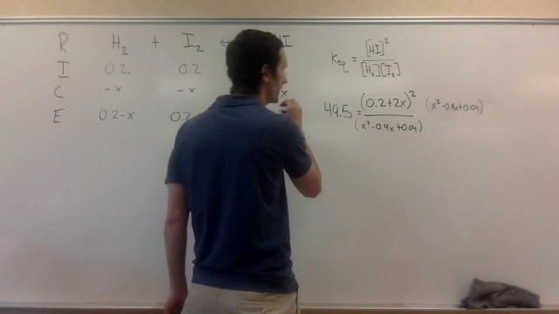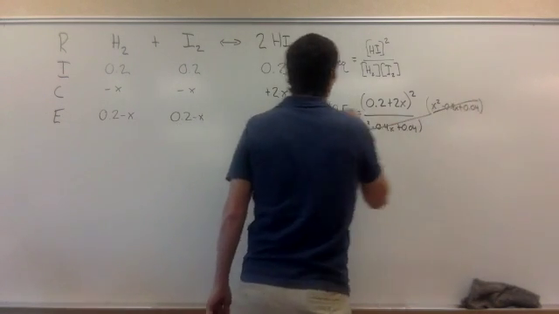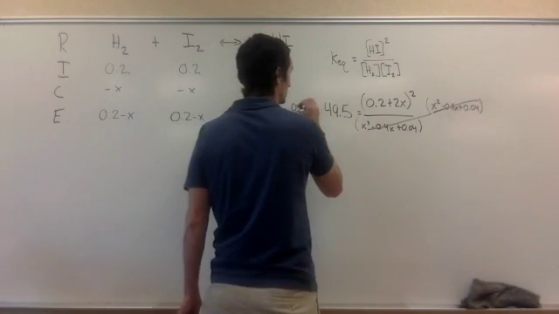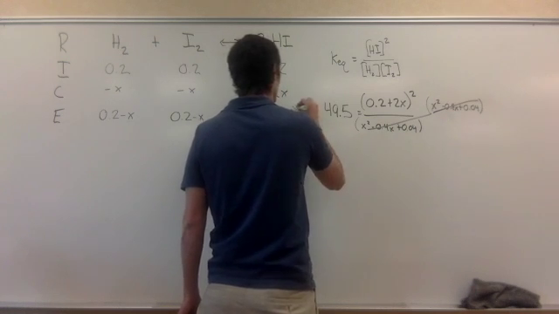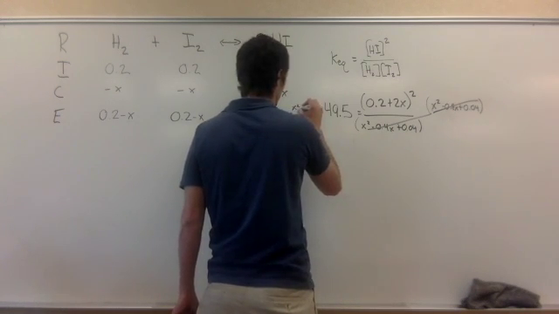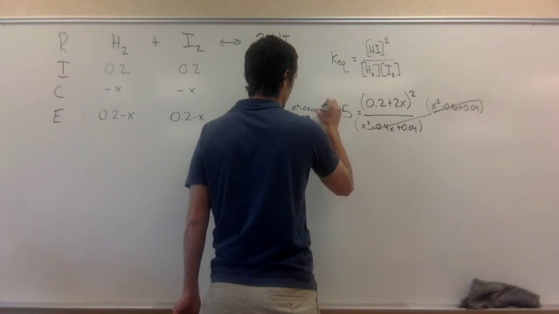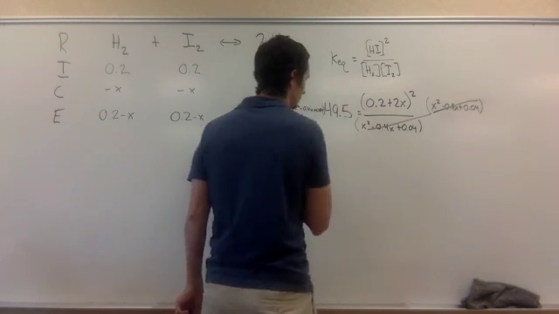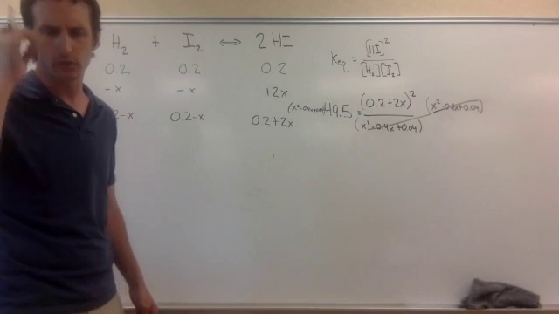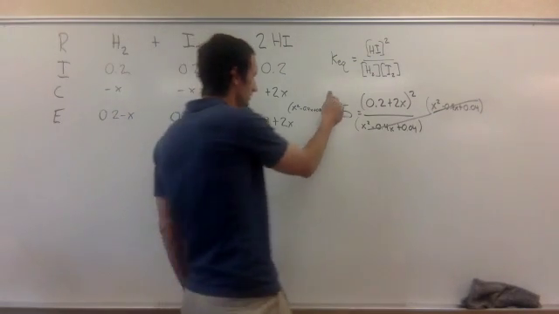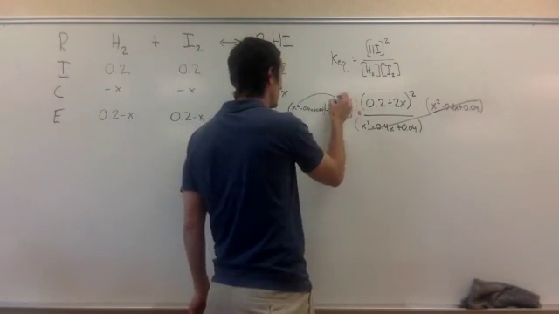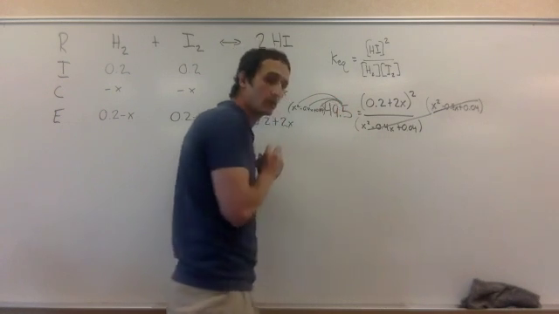This is where you run out of room. Don't worry, we'll rewrite it. I've got to distribute that 49.5, okay?